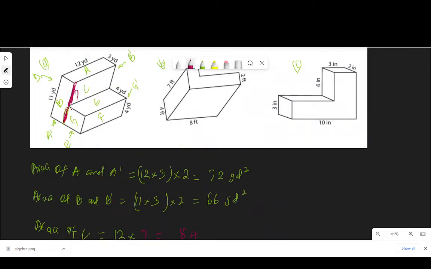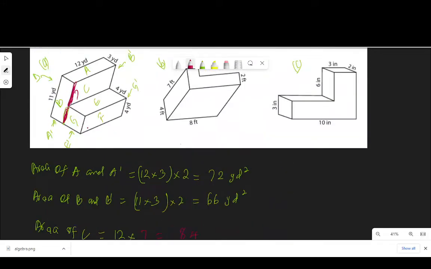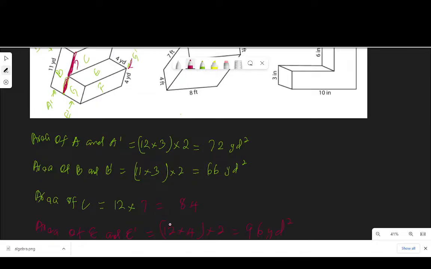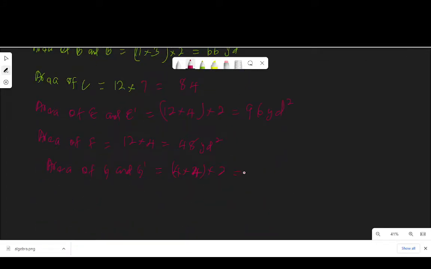The length of G is 4 yard. Is 4 right there. The width is also 4. 4 times 4. Then multiply by the two of them. Since we have G and G prime, this side you can see, and the side that is hidden right there. 4 times 4 is 16. 16 times 2, 32 yard square.